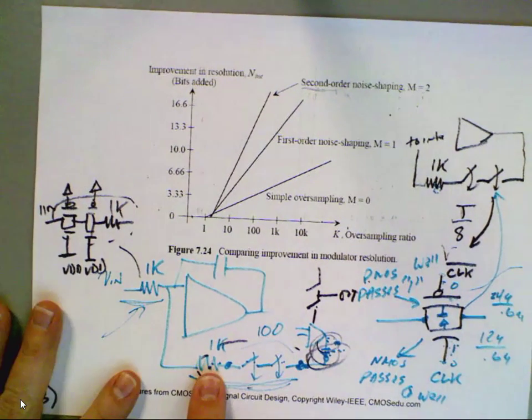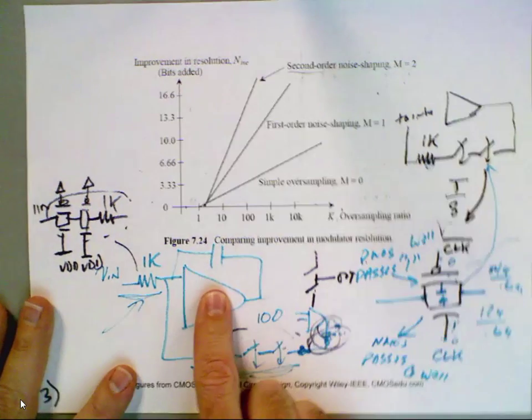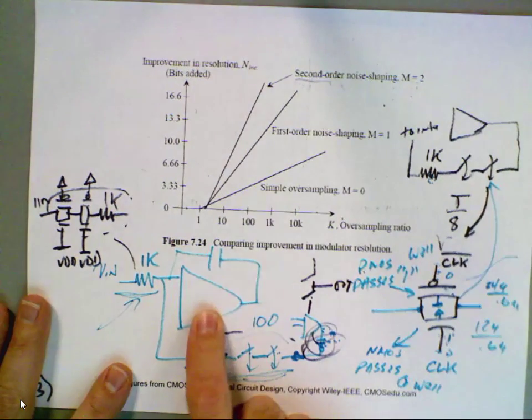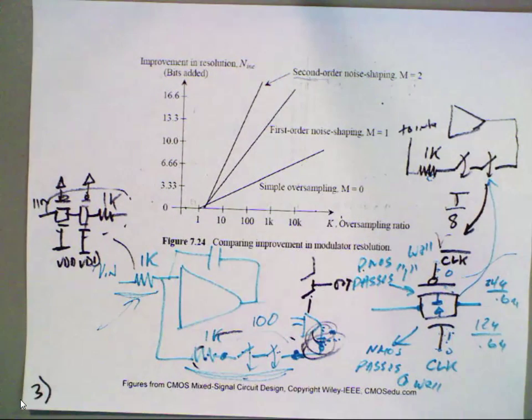So plot the current through here just to make sure you're getting the right amount of charge. And you're using like a self-biased diff amp. Well, try replacing the self-biased diff amp with an ideal amp and see what happens, because it should work.